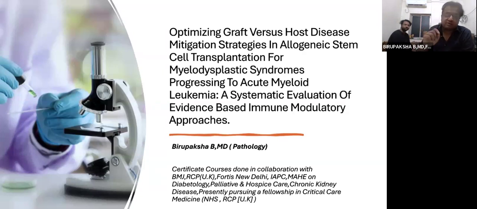And the biggest complication that we have is GVHD. Now, there can be acute GVHD or chronic GVHD. Acute GVHD is around, it goes up to 16% and comes within 3 months. Whereas chronic GVHD will come after 3 months with a larger bit of complications.